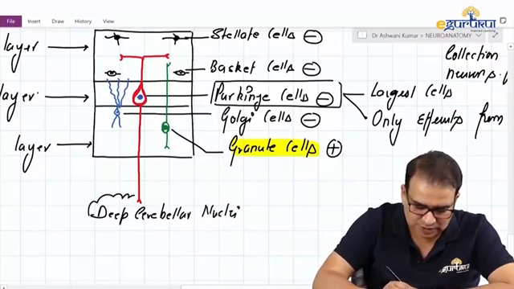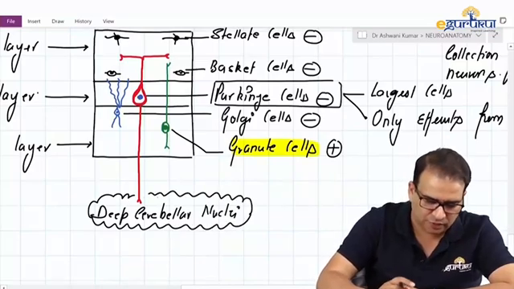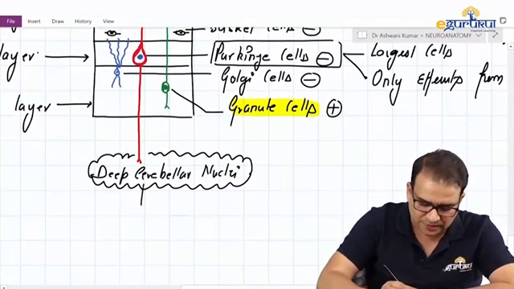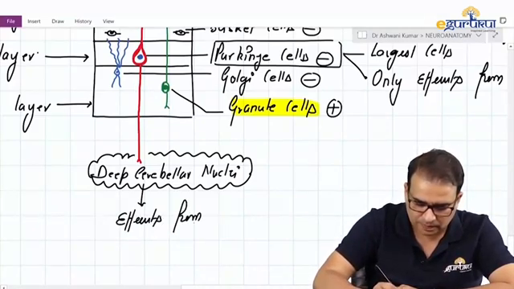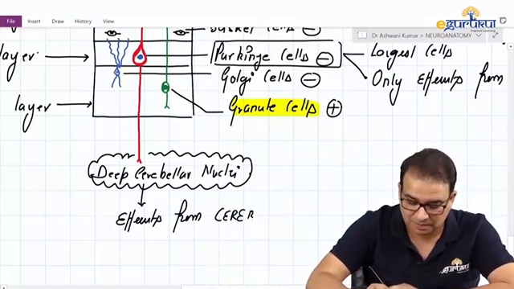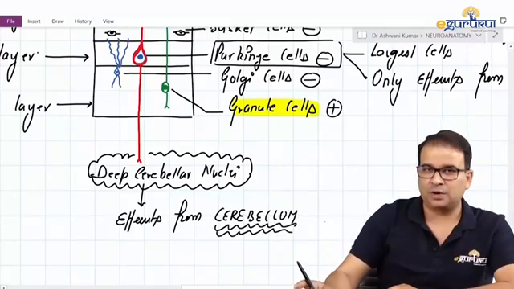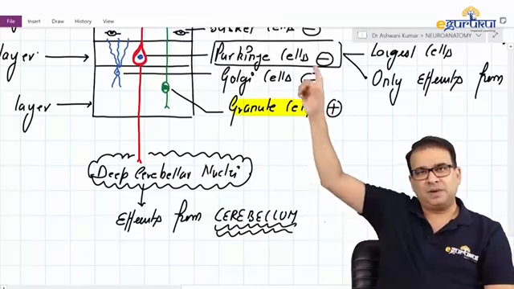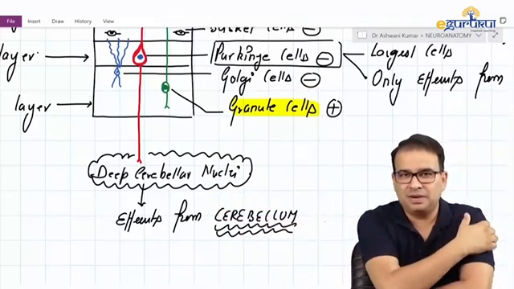So that projects to the deep cerebellar nuclei, and this deep cerebellar nuclei is the point from where the efferent will be given off out of cerebellum. And this time I'm not saying cortex, I'm simply saying cerebellum. So just one word completely changes the question. Efferent from the cortex, Purkinje cell. Efferent from cerebellum, deep cerebellar nuclei.